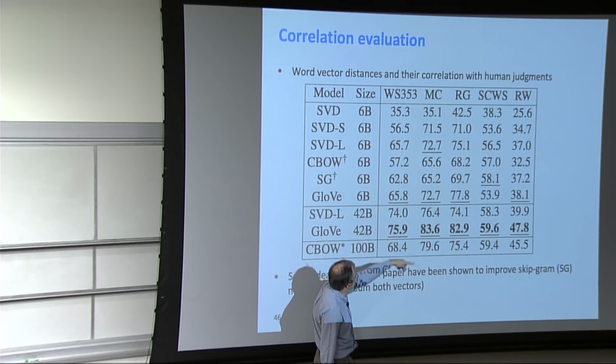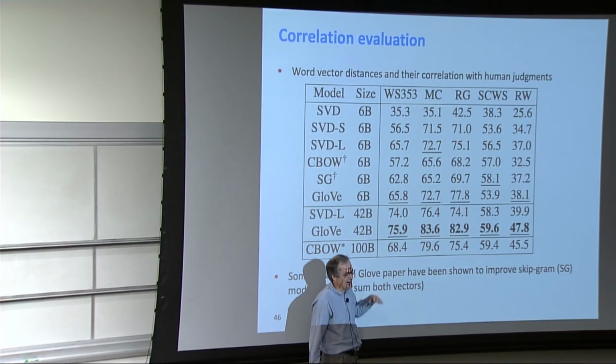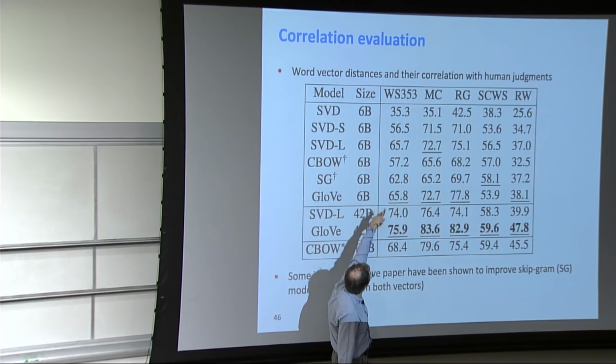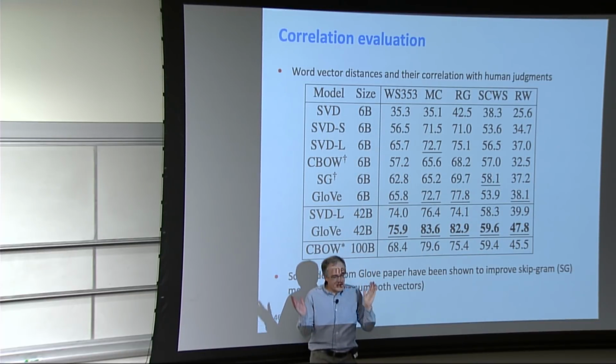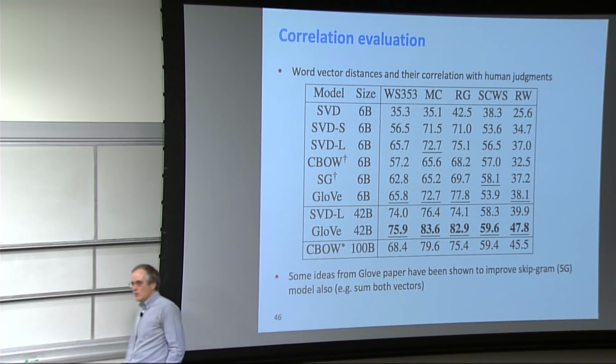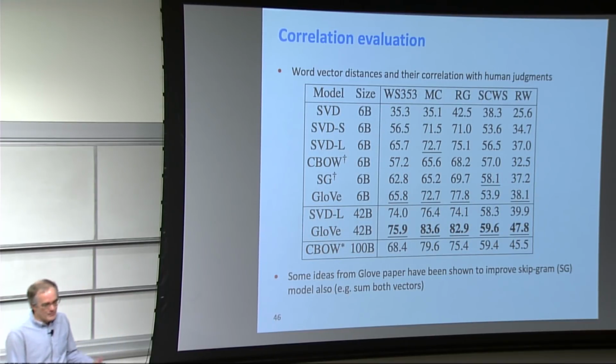There are various similarity data sets. One of the best known ones that I had on the slide before is WordSim353. It has 353 different pairs in it, and you're modeling a correlation between your judgments of similarity and the ones that came from the human beings.